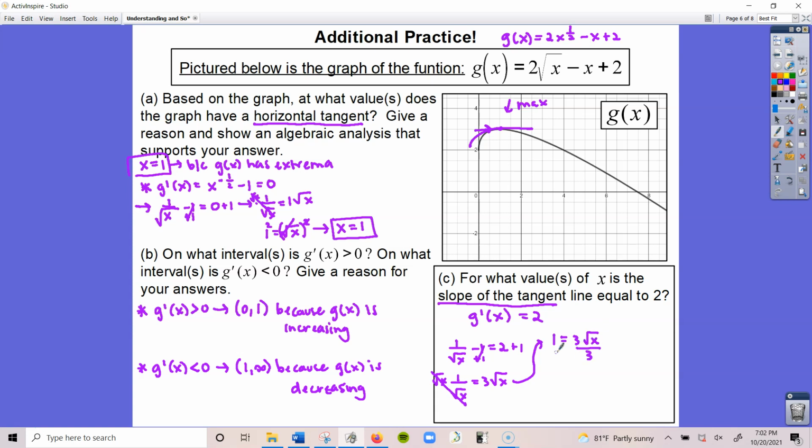Now I can divide by 3. So I get the square root of x is equal to 1/3. And then I can square both sides, keeping in mind that when you square a fraction, you square both the numerator and the denominator. So my answer here would be 1 over 9.